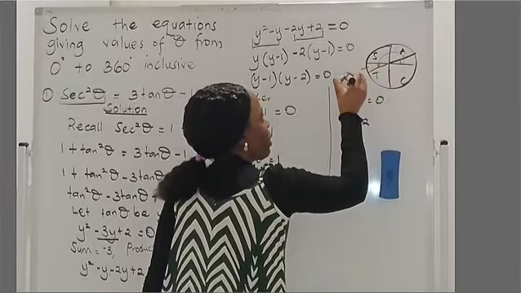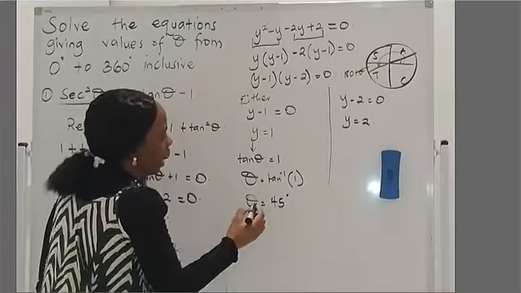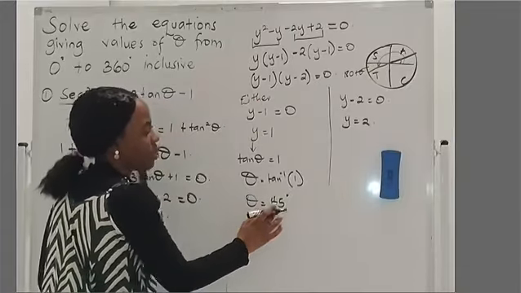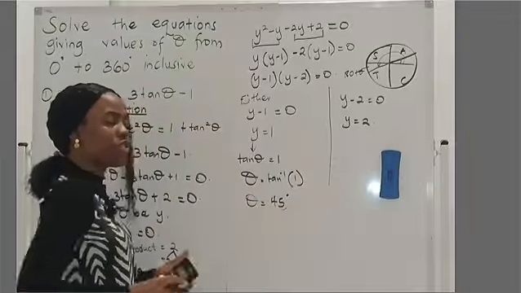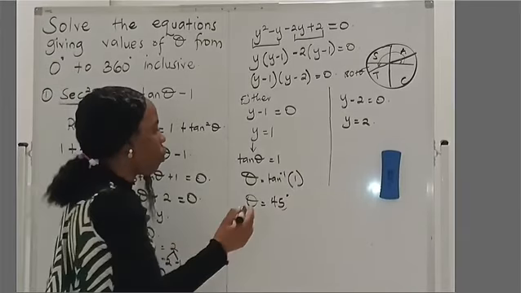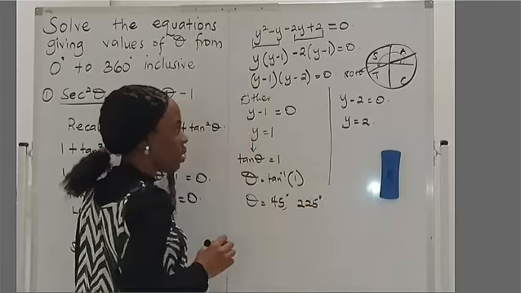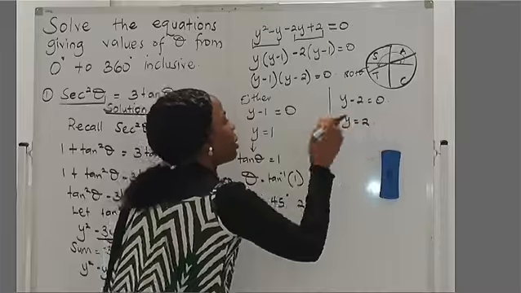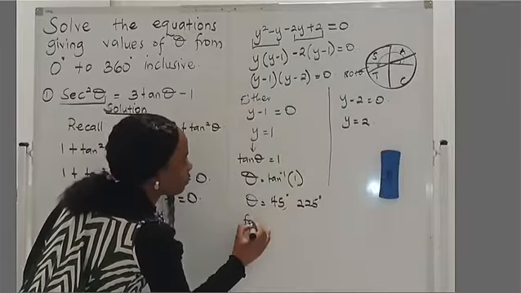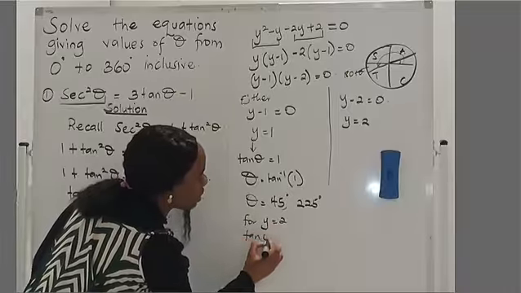So this is going to be 180 plus theta. So I will have my theta. The first one is 45 degrees. The second one, you have to add 180 plus 45, which is 225 degrees.